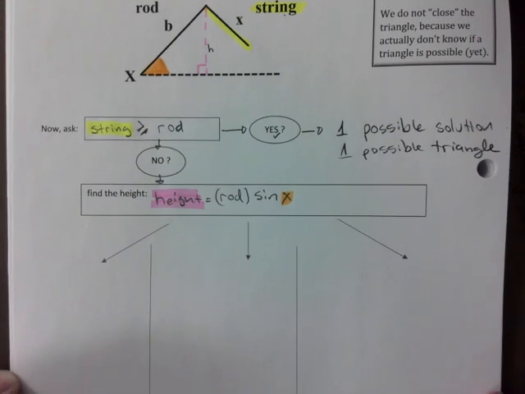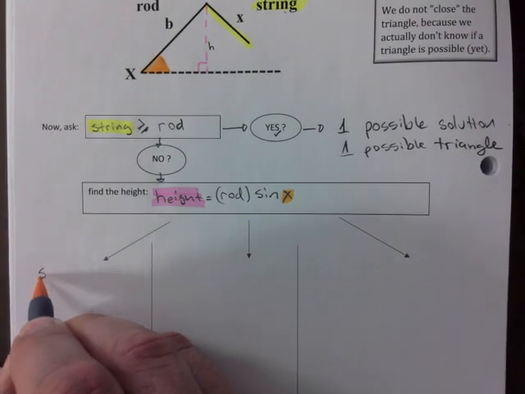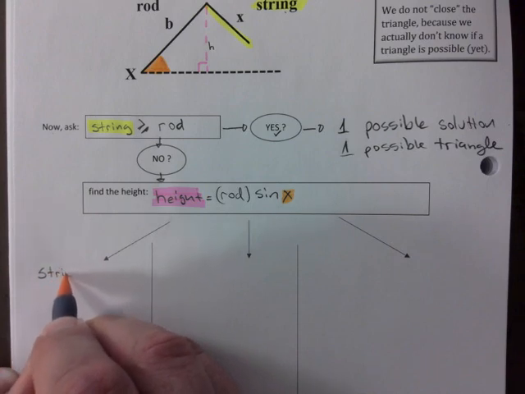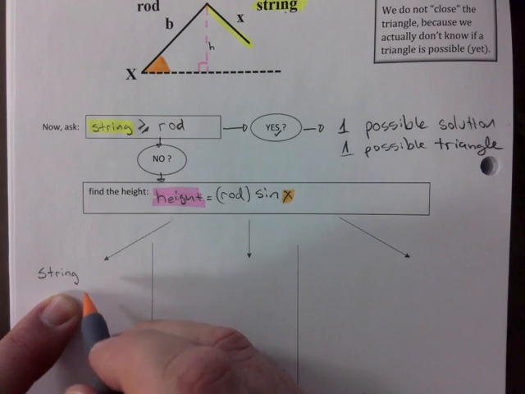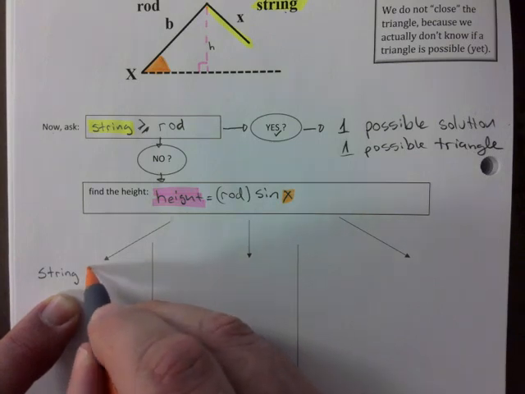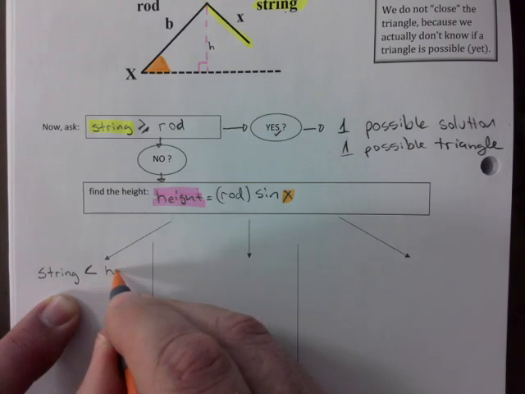Who's the main character? The string. You're going to say, is the string, what do I start with in your notes? Less than? Is the string less than the height?